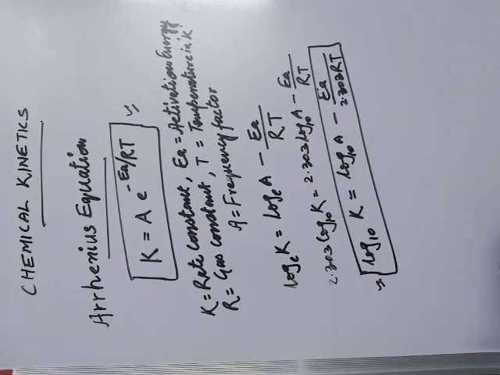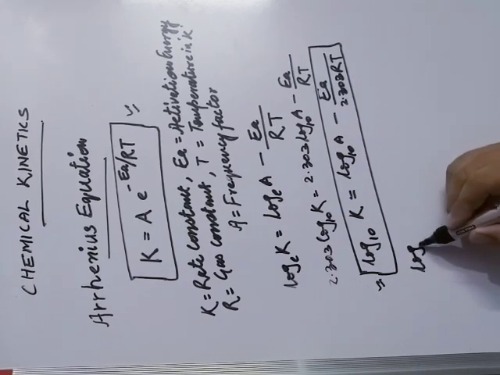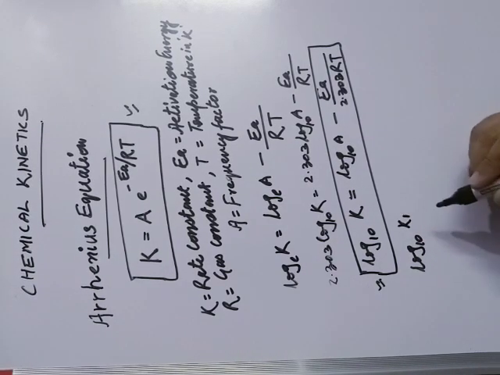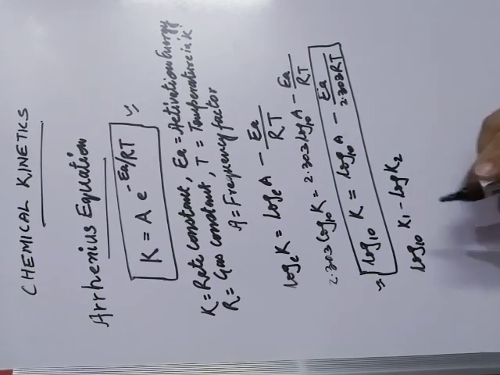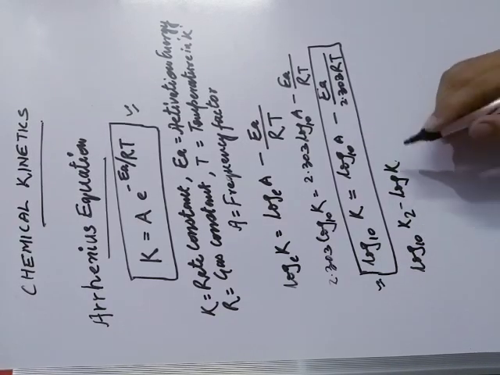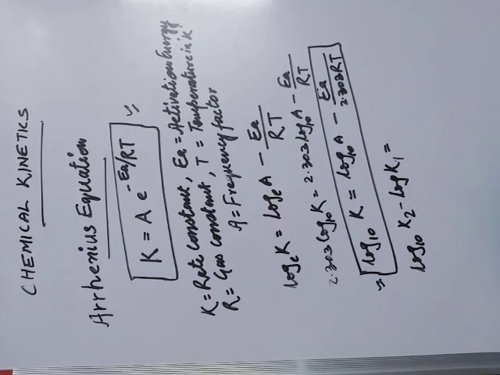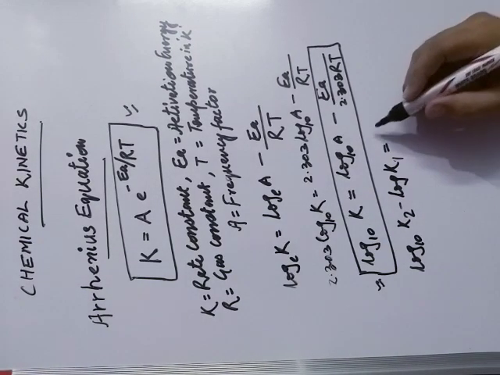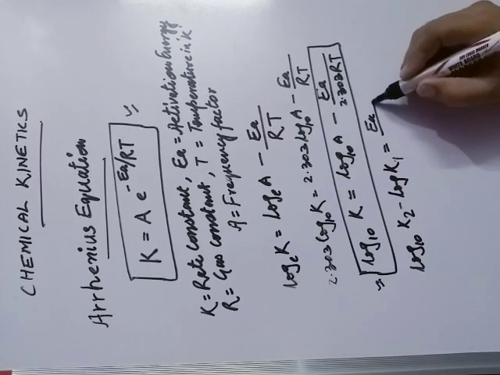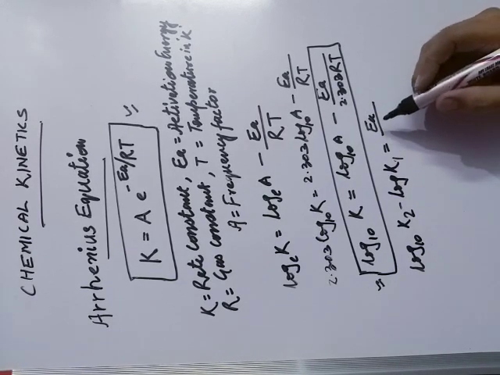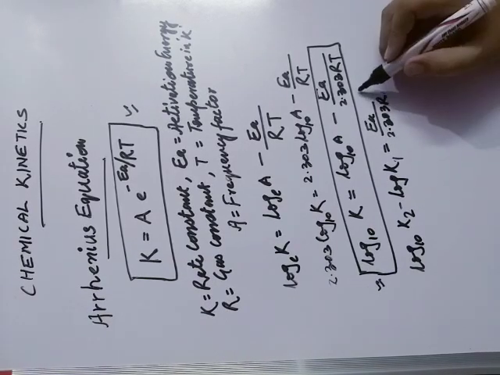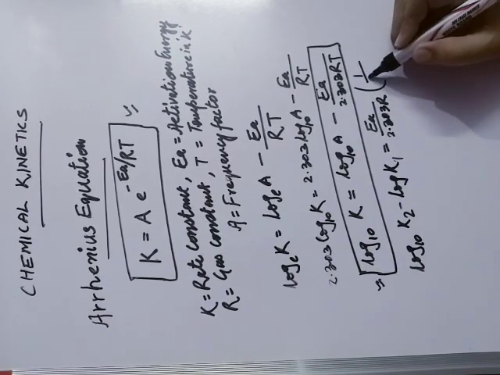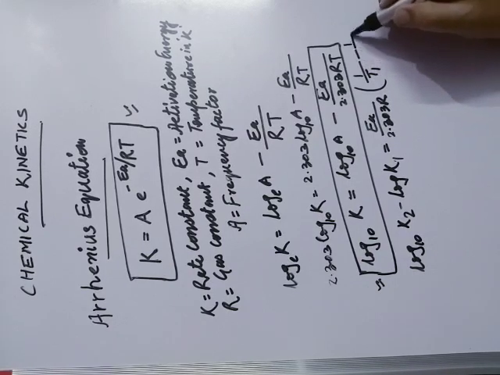Now if we take the differential form, then log base 10 K2 minus log base 10 K1, or log of K2 upon K1, is equal to EA upon 2.303 R, which is common, and inside the bracket 1 upon T1 minus 1 upon T2.